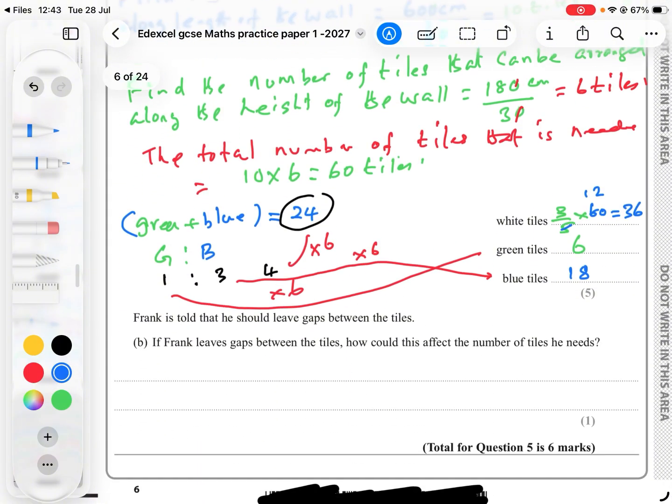Right. Frank is told that he should leave gaps between the tiles.